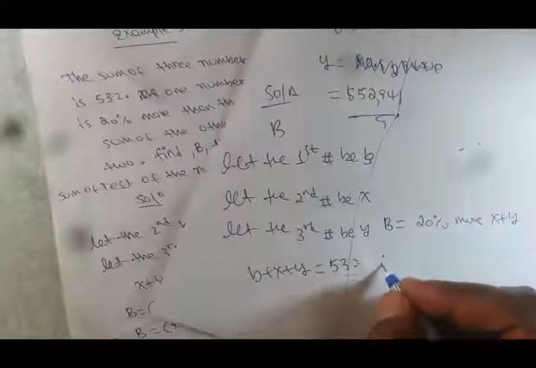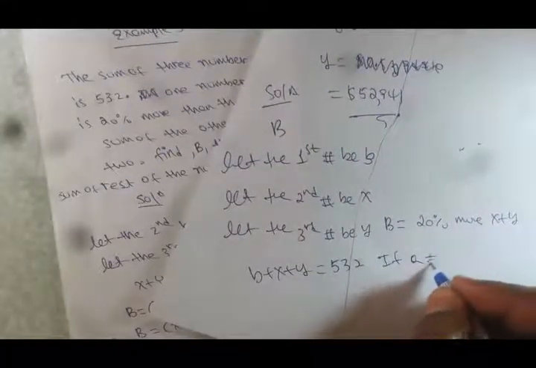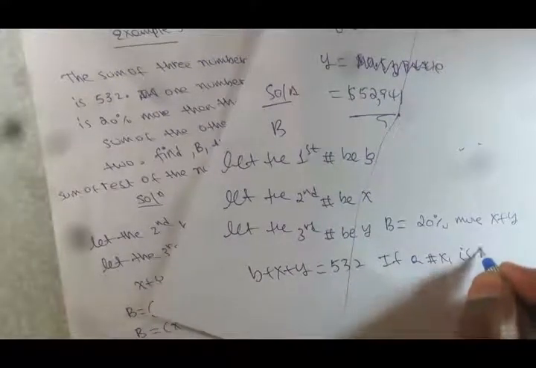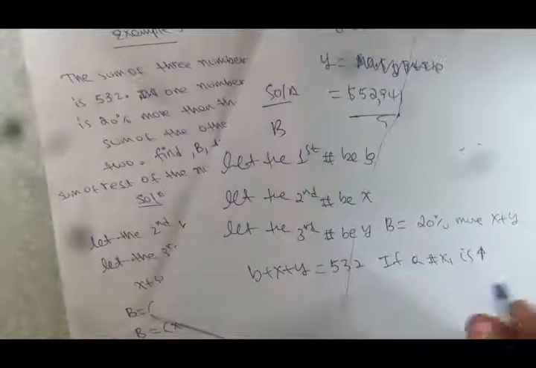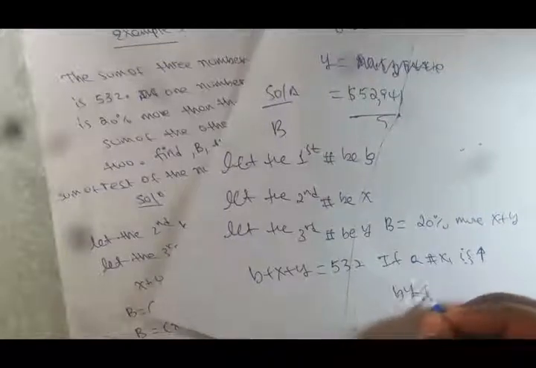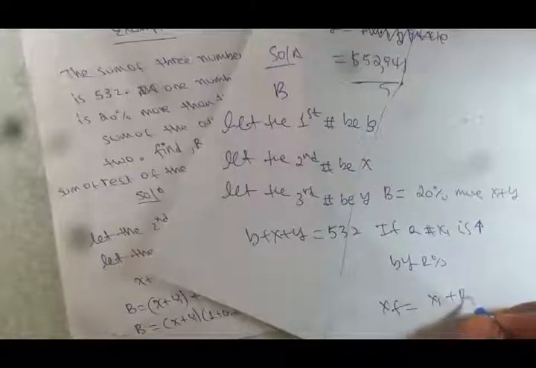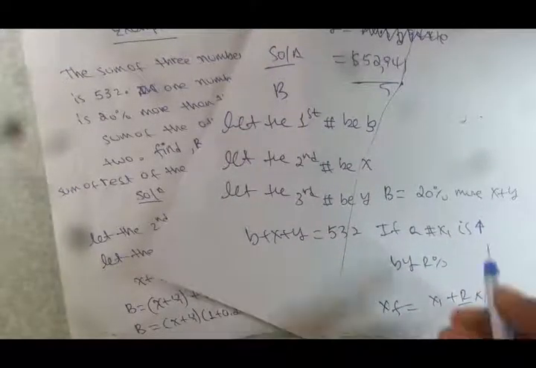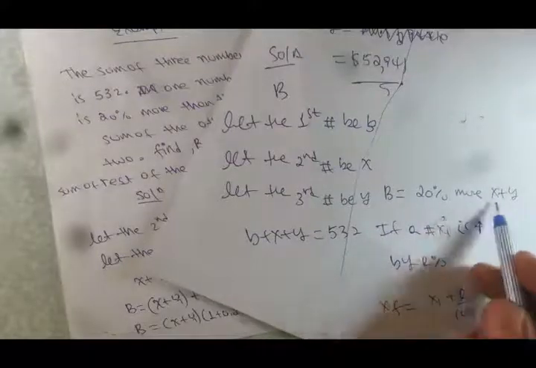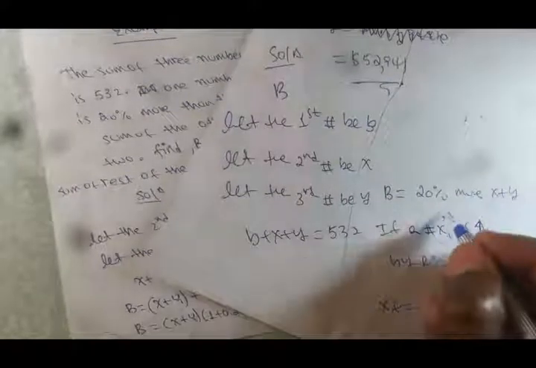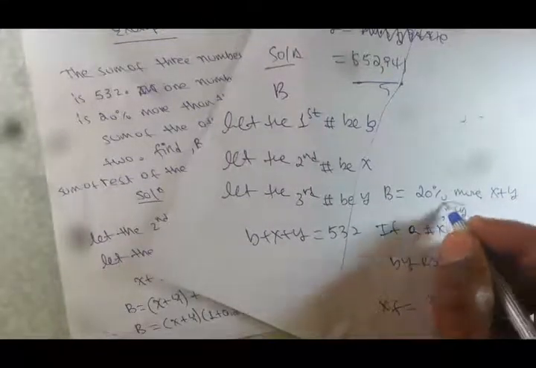We already know that if a number x1 is increased or added by r%, then x final is equal to x1 plus r over 100 of x1. In our case, the value of x1 is the sum of these two numbers, that means x plus y.